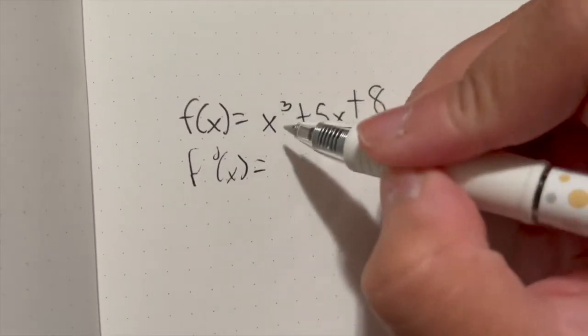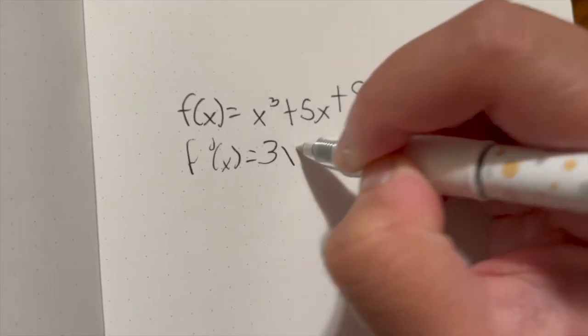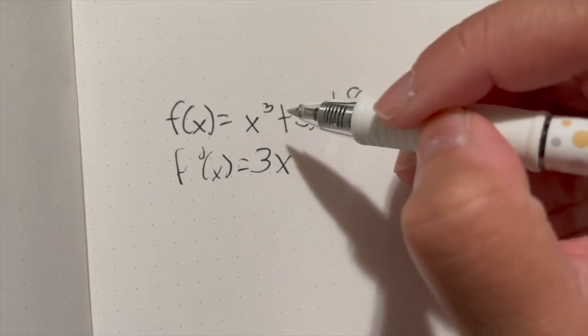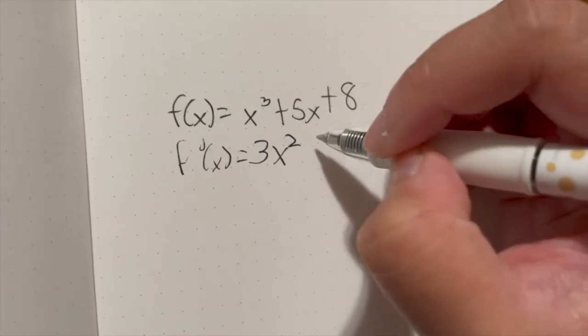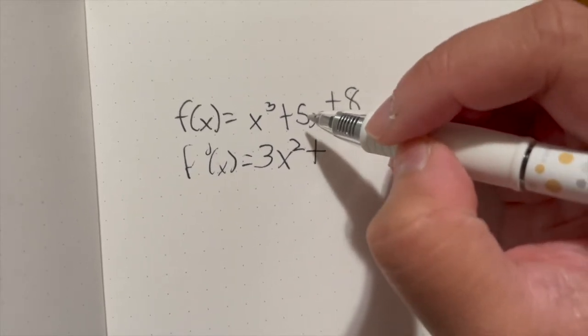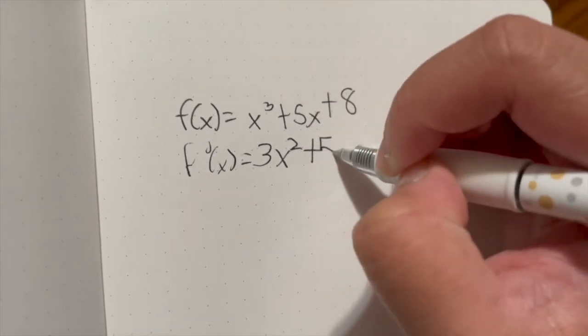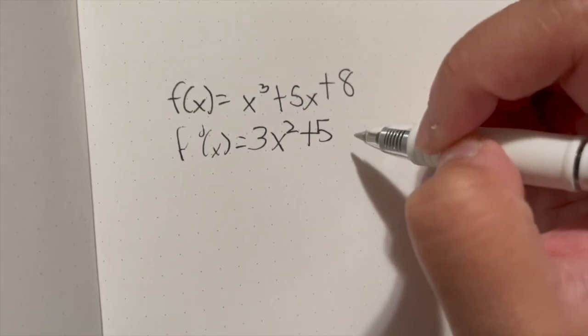So we're going to see the 3 and we're going to multiply it by the coefficient. Then we're going to look at the exponent and subtract 1 from it. So that would be 2. Then for this, the exponent times the coefficient would be 5, because 5 times 1. And then it would be x.